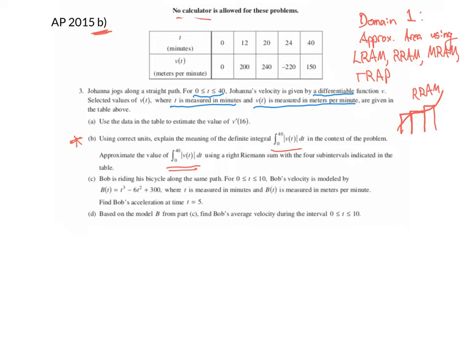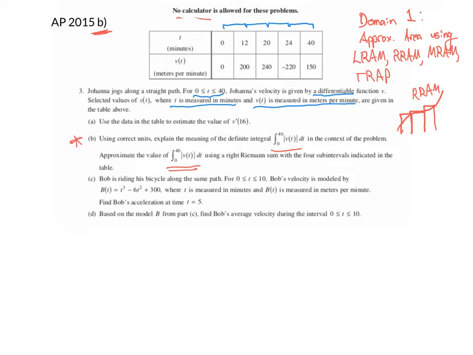So as I go to look at the table here, you see that I have 4 different subintervals. Here's the first subinterval, 0 to 12. Second subinterval, 12 to 20. Third subinterval, 20 to 24. And the fourth subinterval, 24 to 40. And what we're going to do is set up our right rectangles for each one of those Riemann sums.